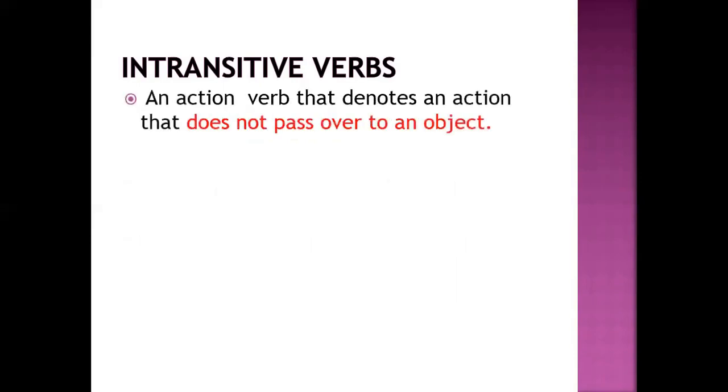Intransitive. By listening to the name, we can easily understand that transitive's opposite is intransitive. An action verb that denotes an action that does not pass over to an object. What does it mean?